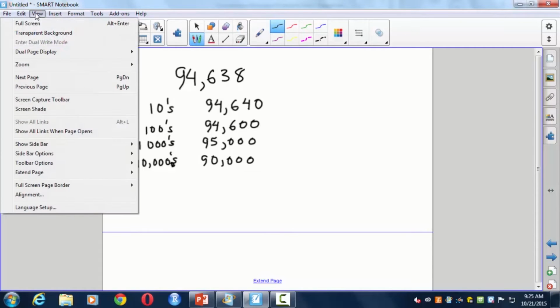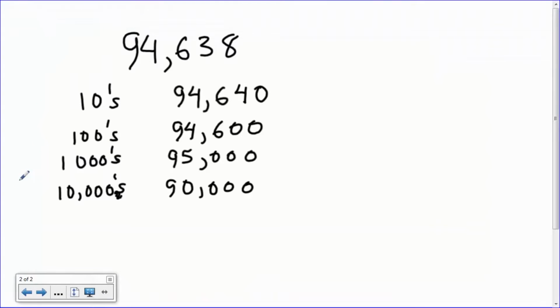So let me go back to full screen view and get me a new page. So you're starting out with, let's say, a $20 bill, and you start going through and you start picking up items. In fact, you might pick up a loaf of bread, and you notice it's $2.79.